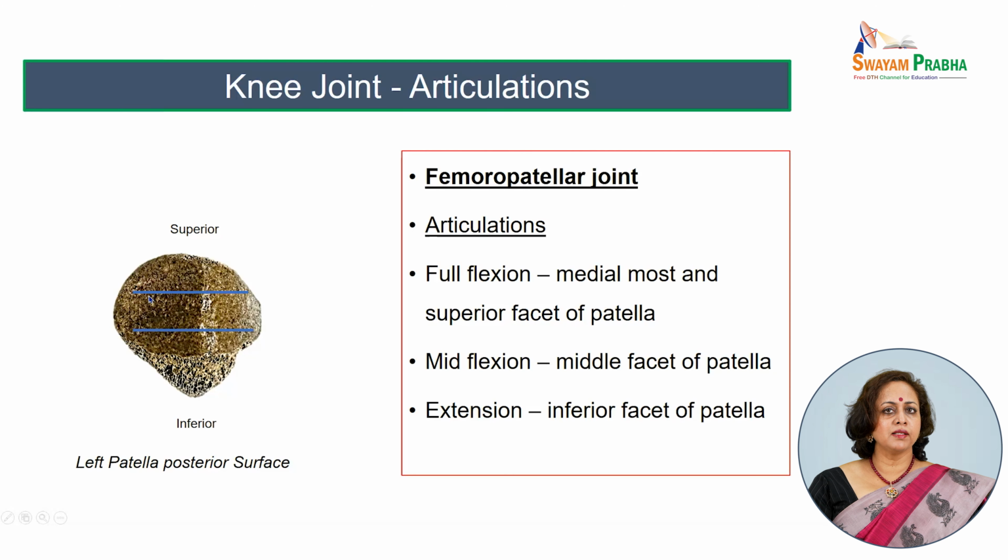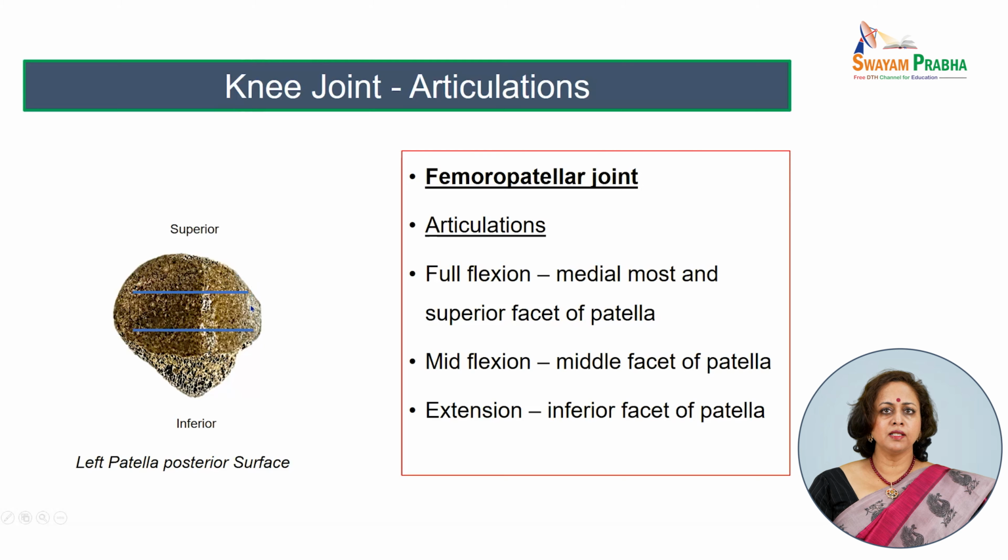Now this divides the articular surface into a superior part, a middle part and an inferior part. When the patella articulates with the femur, it is different depending on the stages of flexion or extension. In full flexion, the medial most part and the superior facet of the patella are in contact with the femoral surface.